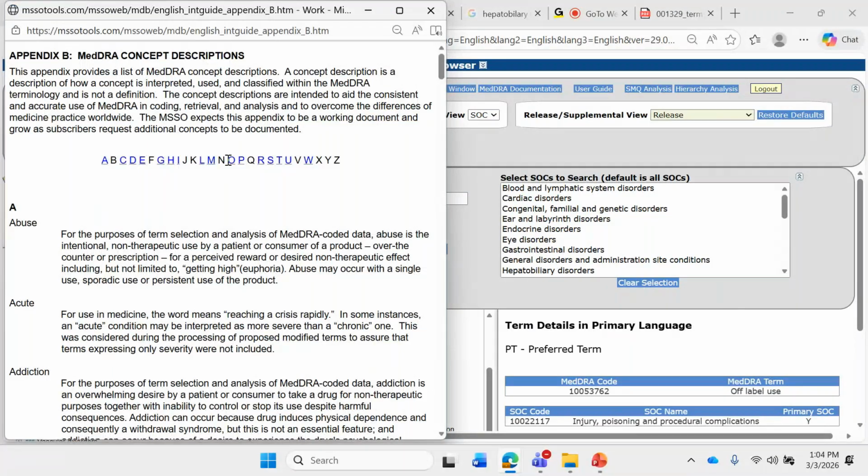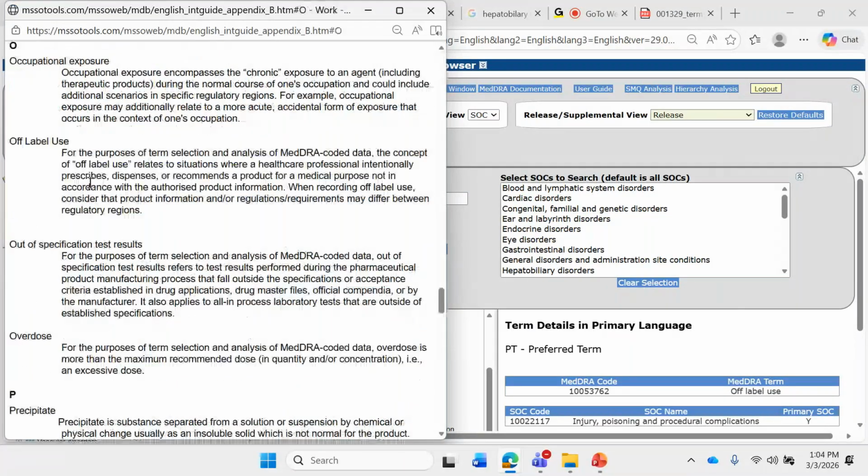In our MedDRA concept description, off-label use relates to situations where a healthcare professional intentionally prescribes, dispenses, or recommends a product for a medical purpose not in accordance with the authorized product information. When recording off-label use, consider that product information or regulatory requirements may differ between regulatory regions.